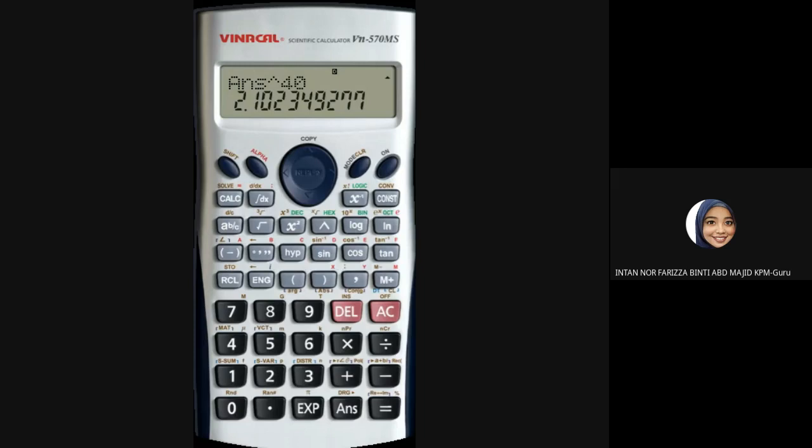Next, I'm going to divide. We know that we're going to divide the 21,000 something with this value, so we take 21023.49 divided by the answer straight away. So this is the answer that I get. If you get this kind of answer, don't worry, this answer is also correct.